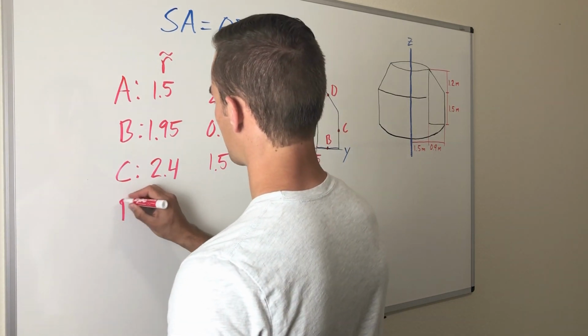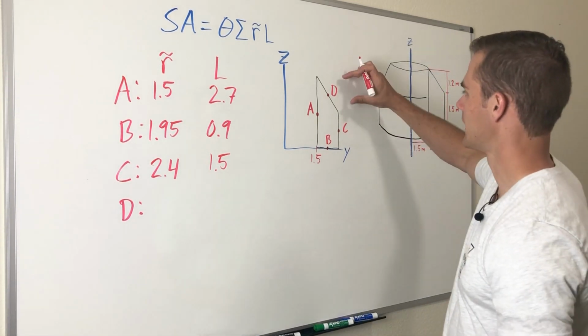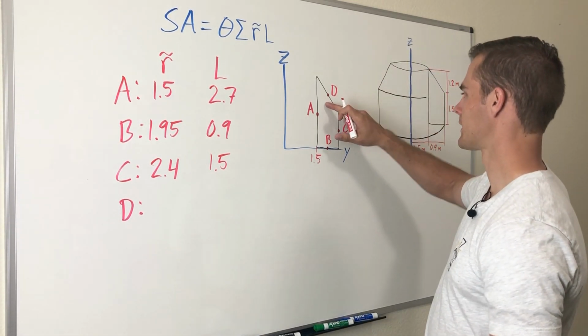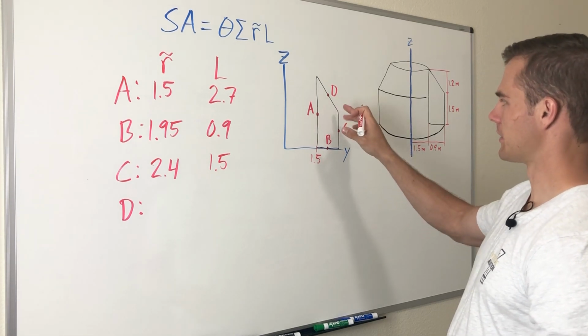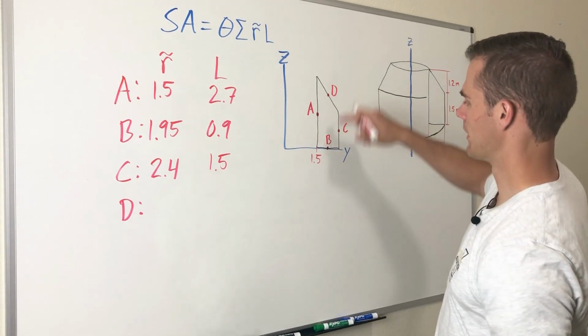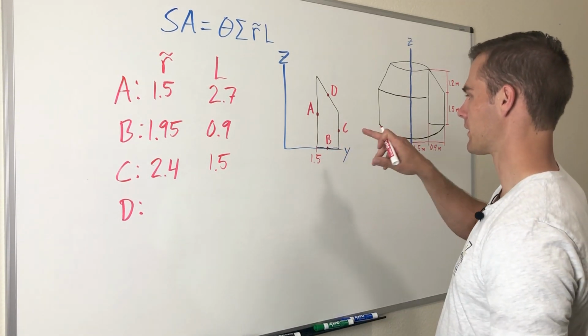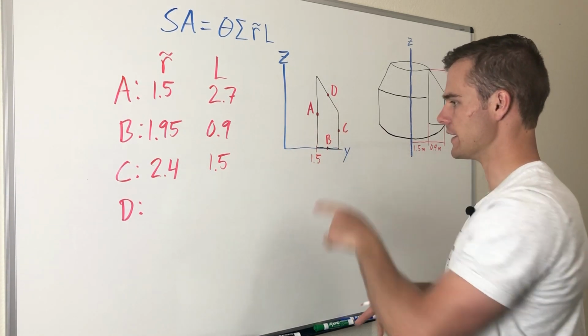And then D is probably the most complicated one, but you'll realize that the centroid for D is in the middle of that line segment, so it's just going to be in the middle of the area. It's going to have the same perpendicular distance between the z-axis and it as B does.